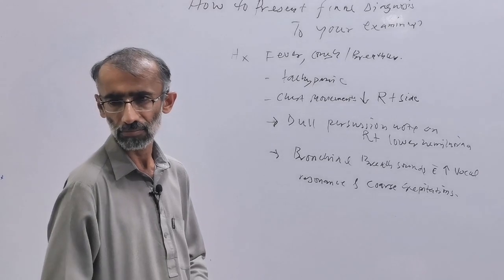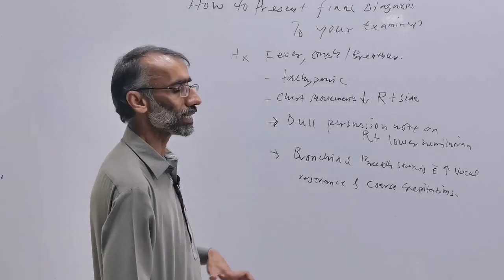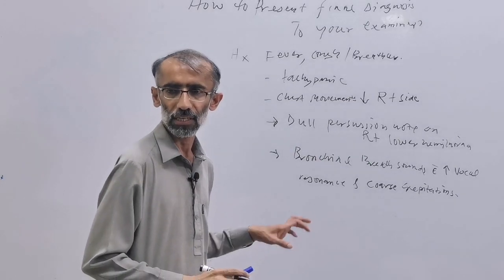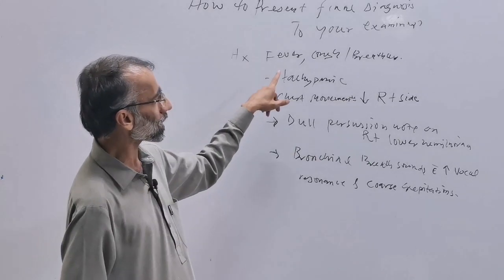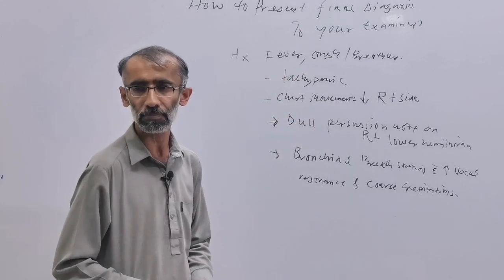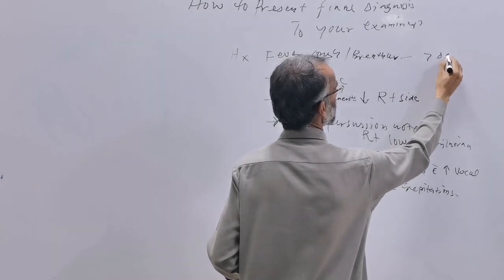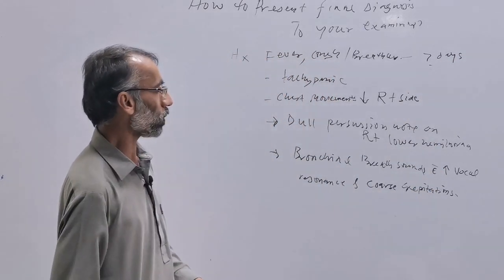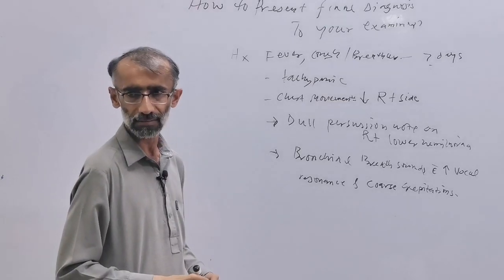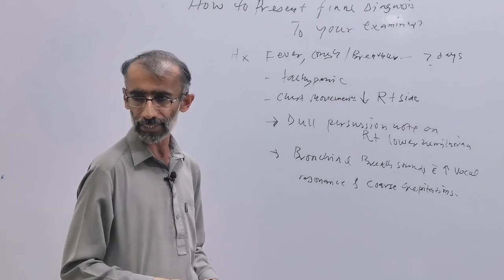You are asked to examine the anterior chest of a patient who presents with history of fever, cough, and breathlessness, suppose for the last 7 days. On examination, you found patient is tachypneic, chest movement reduced on right side.